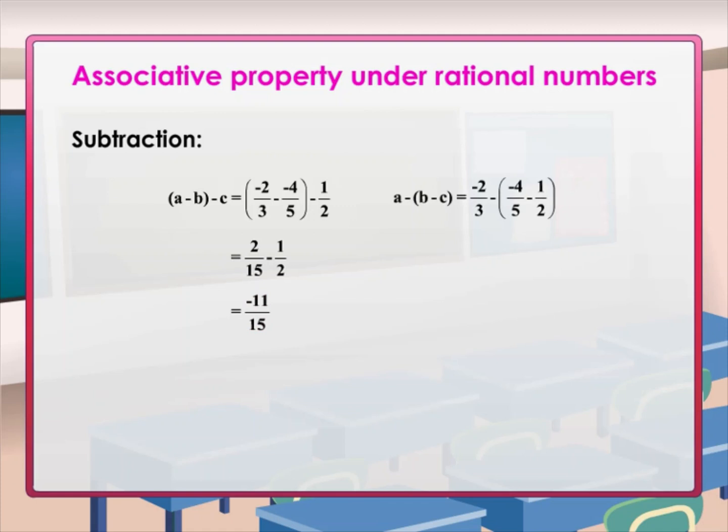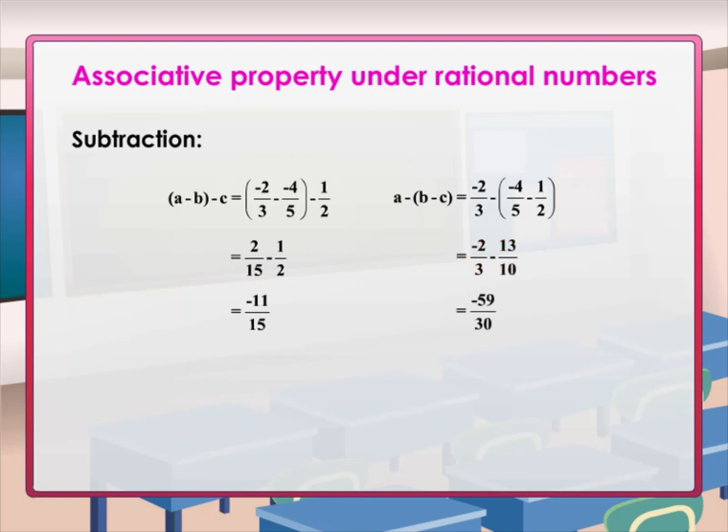Now let's do it by grouping b and c first. That is, we do b minus c, which is shown over here. In this case, first we simplify minus of 4 by 5 minus 1 by 2. When we simplify this, we get -13 by 10. So it becomes -2 by 3 minus 13 by 10.